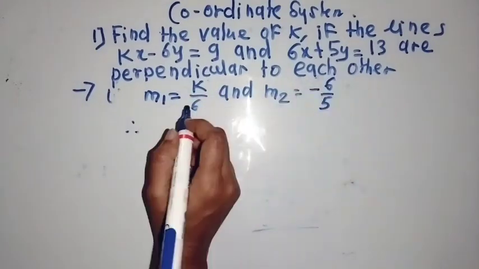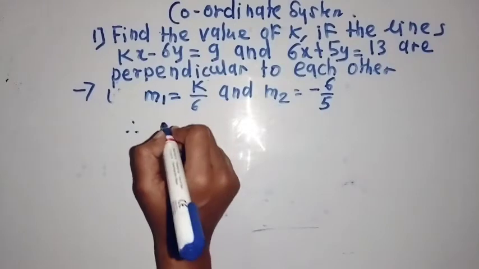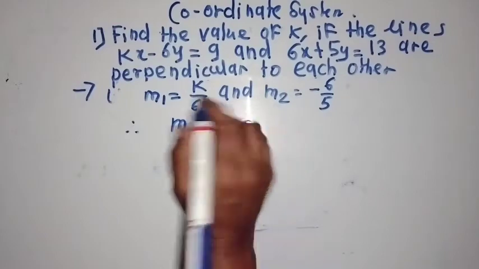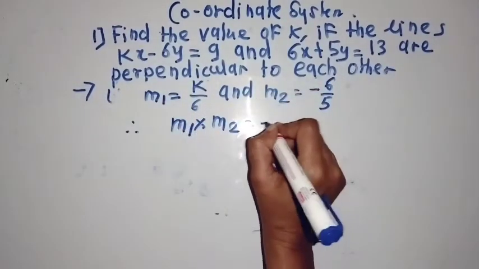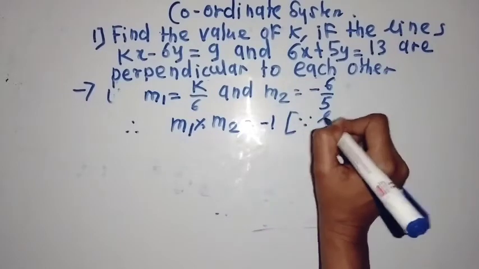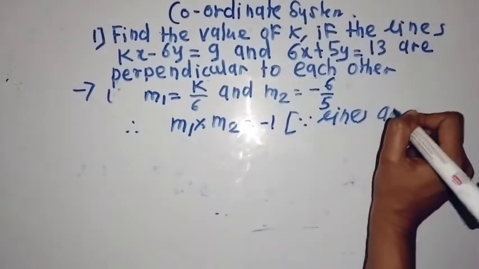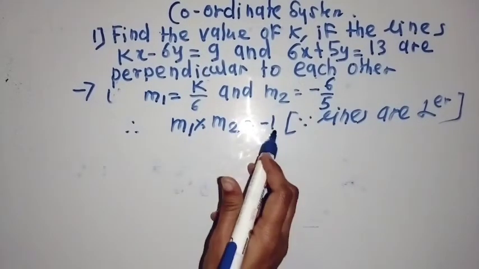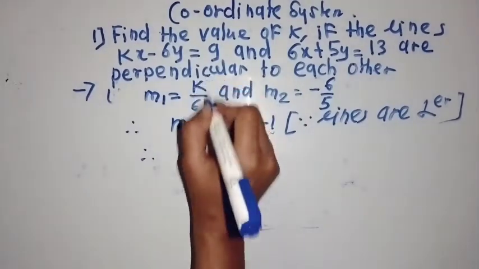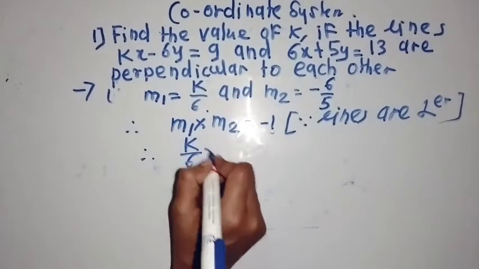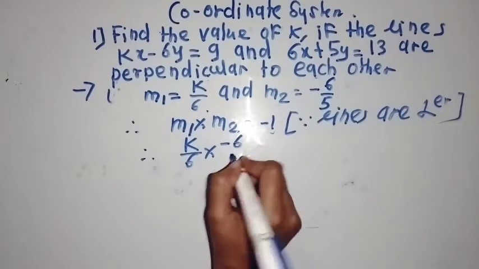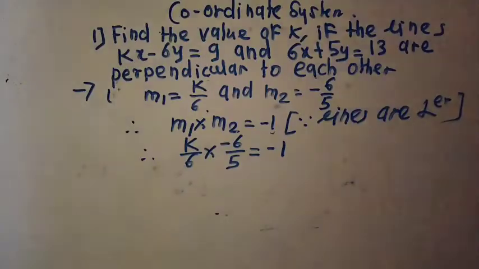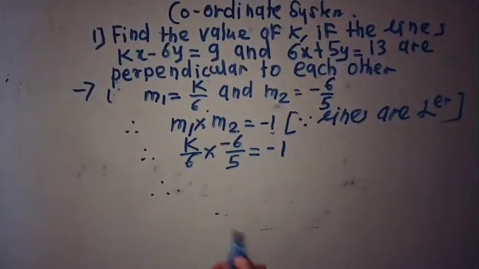Hence we get the multiplication m1 into m2. Since the lines are perpendicular, m1 into m2 is equal to minus 1. Hence k upon 6 into minus 6 upon 5 is equal to minus 1.